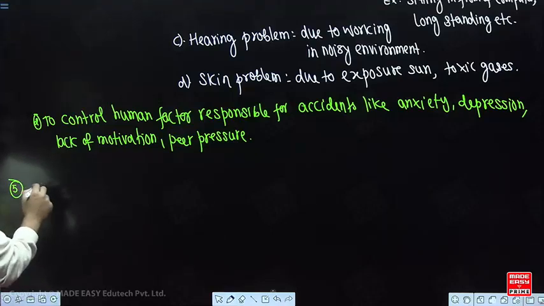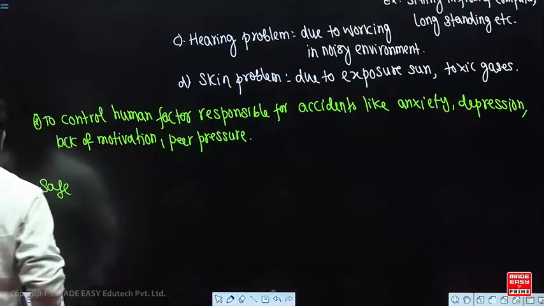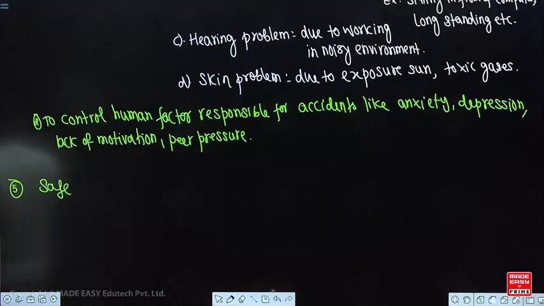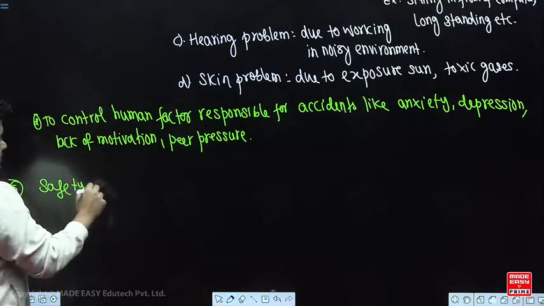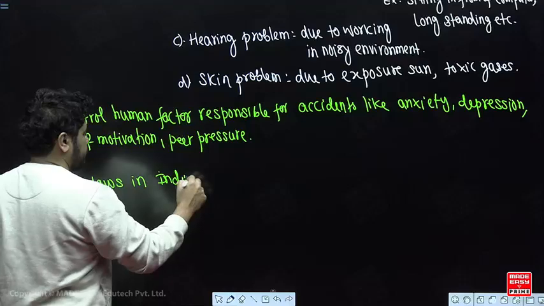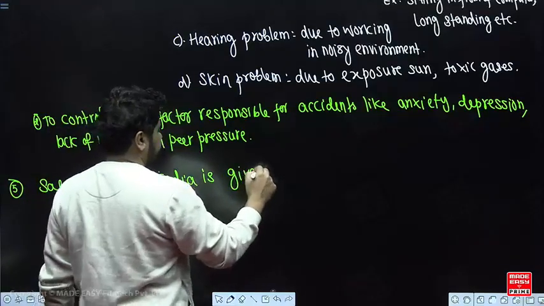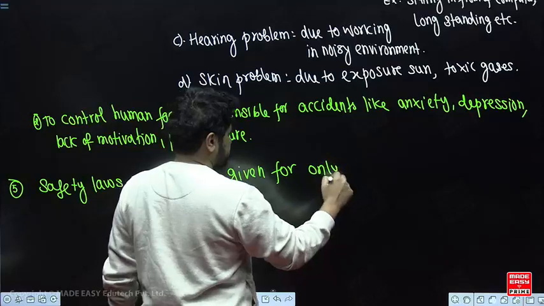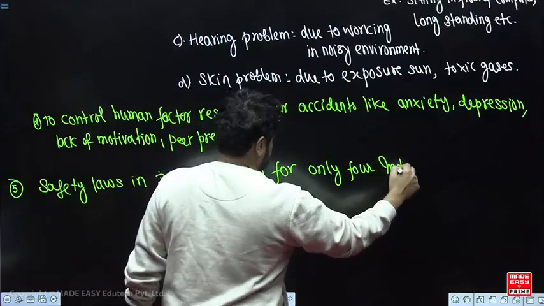fifth one, that is your safety laws in India, is given for only 4 industries.